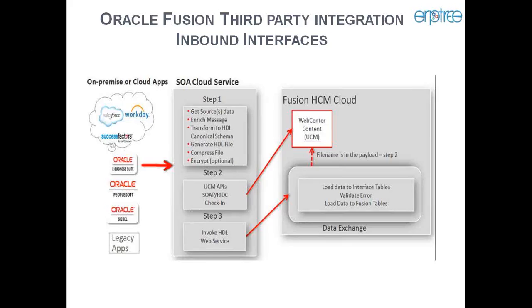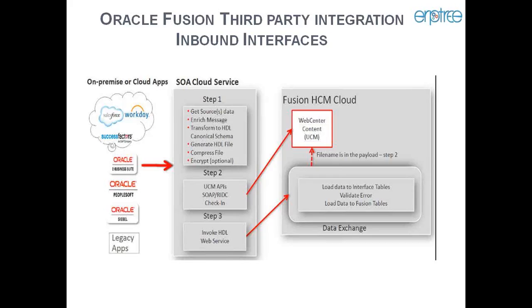One thing is, we can even skip this SOA cloud service. This is going to be used when we are integrating with a third-party vendor where the legacy system is also a cloud.